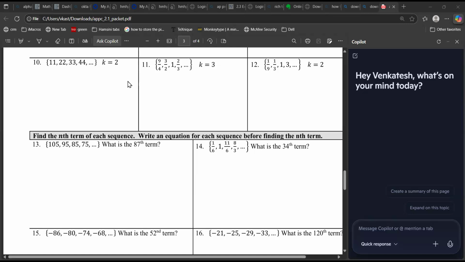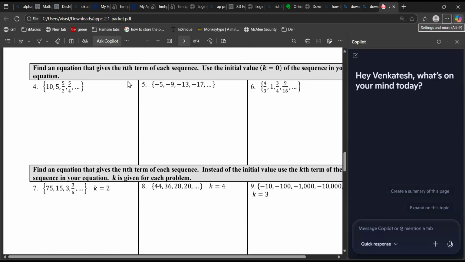See, here in the previous one, they've explicitly given you, right? See, use the initial value k equal to 0 of the sequence in the equation. That means it starts with 0. Dhwani, did I clarify your question?